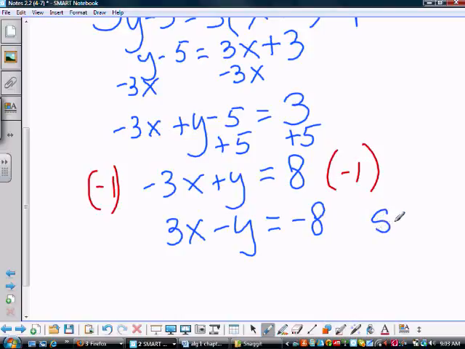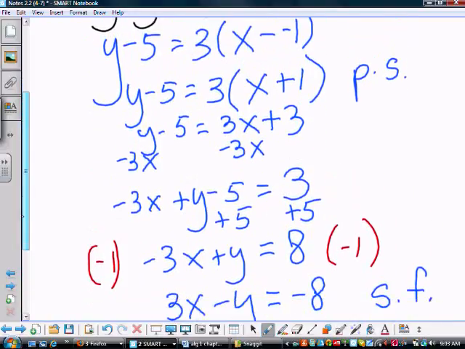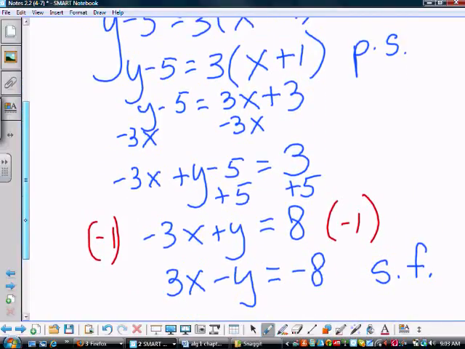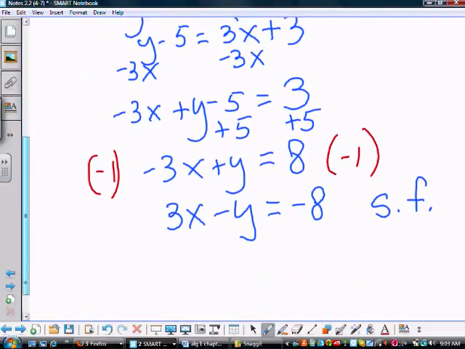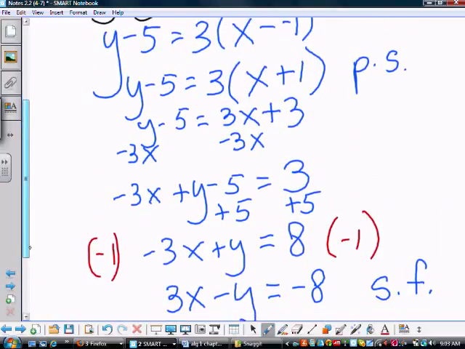And now I am in traditional standard form. Okay, and I could have gone very easily from point slope form to slope-intercept form if I wanted to also. That's just usually where we want to leave our equations.